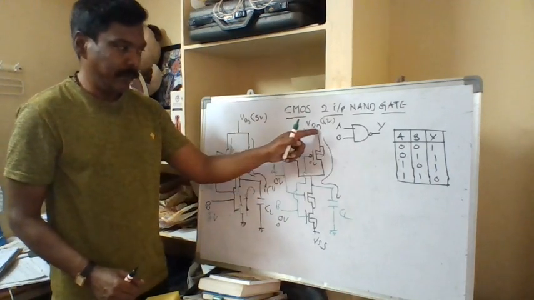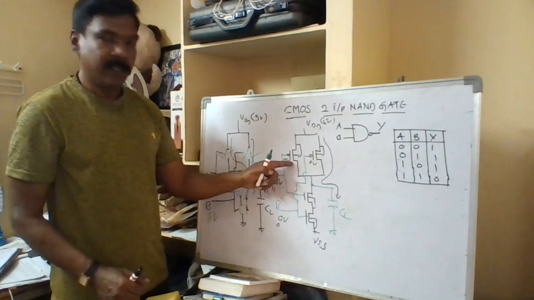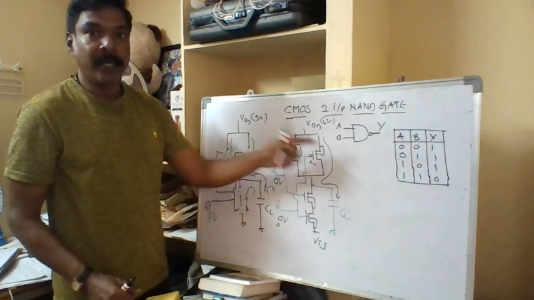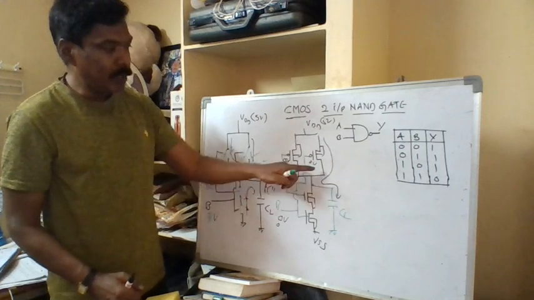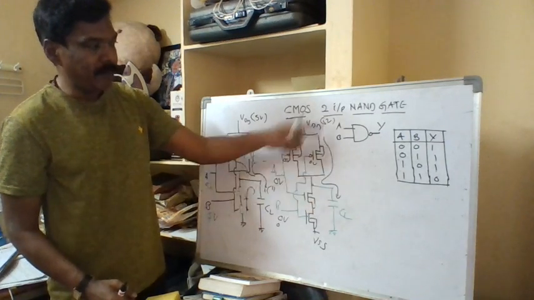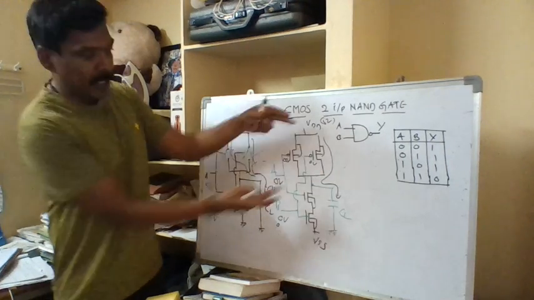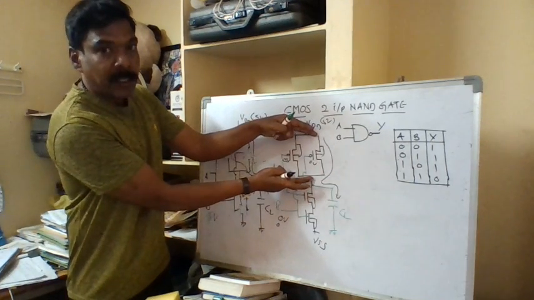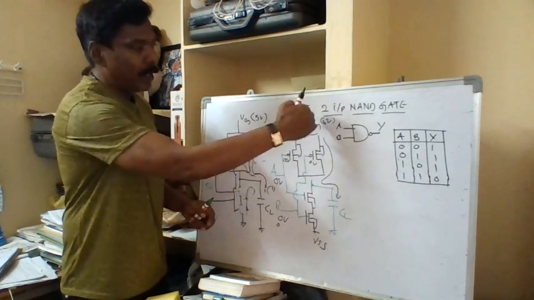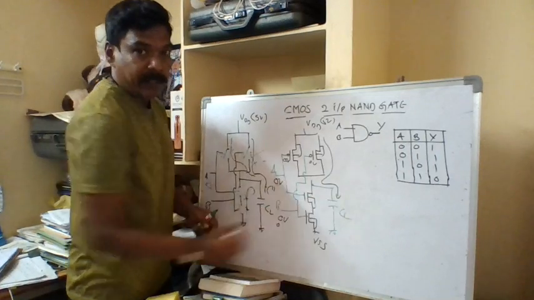VSG is plus 5 volt, and VGS for the PMOS transistor is minus 5 volts, making the PMOS transistors turn on. And for the current to flow, there should be a negative voltage from drain to source. Since the drain is less than 5 volt, there will be a VDS for the PMOS transistors which is relatively negative, causing the current to flow from VDD to this node, which is connected to the capacitor.